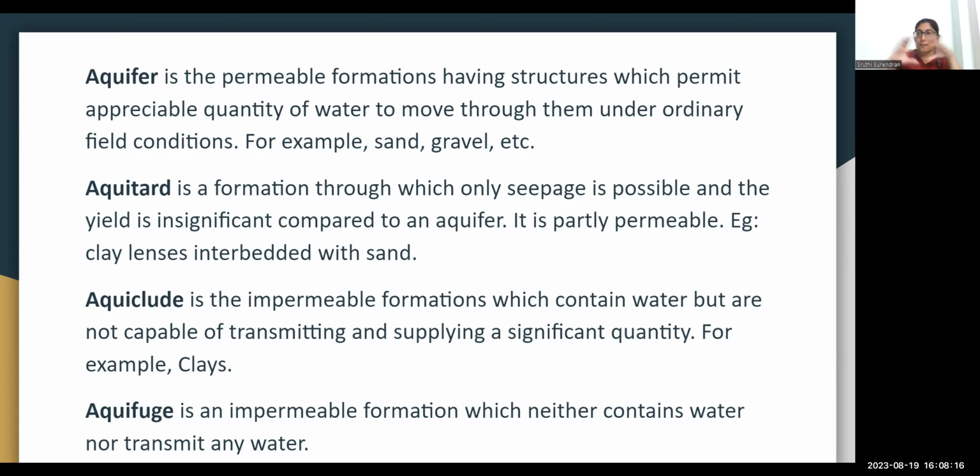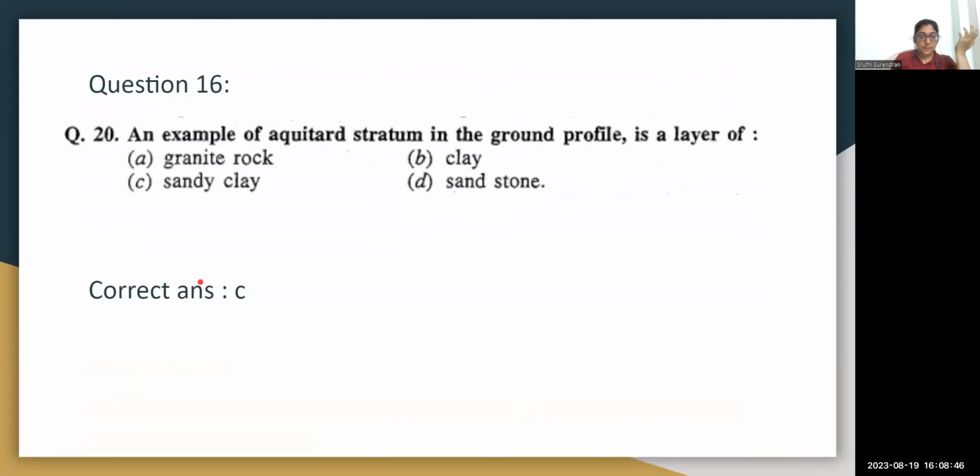That is, water will be there inside the material, but we cannot get water. The formation does not yield water at all. And examples for aquicludes are clays. Aquifuge is the formation where no water will be there. You cannot store water, you cannot transmit water, because those are materials like granite, which is very cemented together. So there's no space for water to be available there.